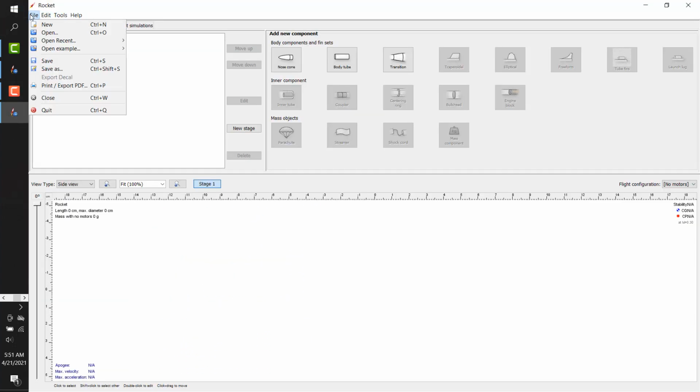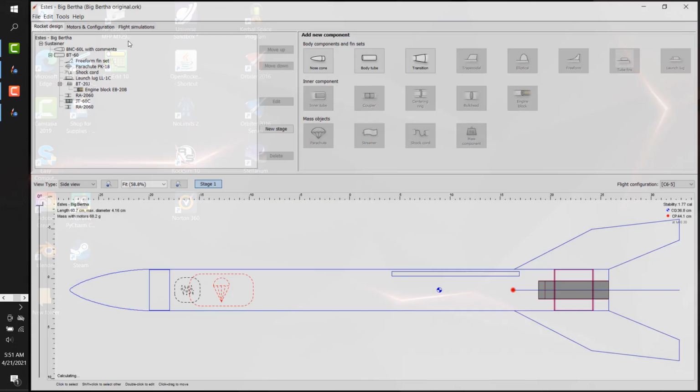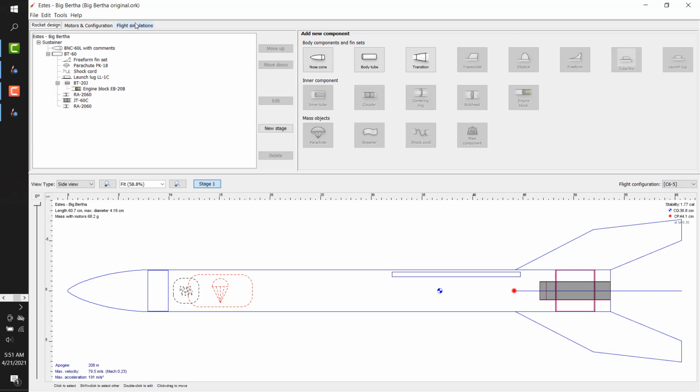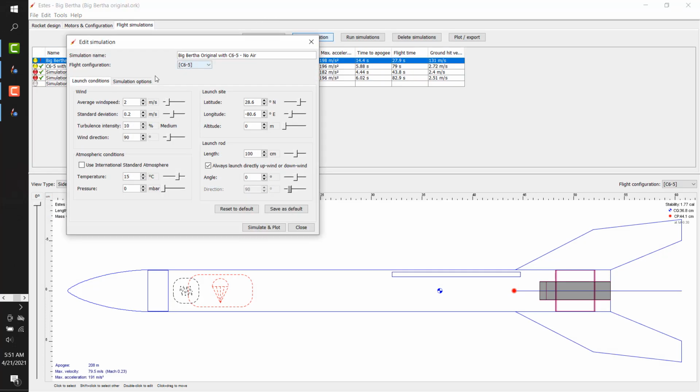So load the Big Bertha original rocket. You're going to go into flight simulations, then edit simulation. Set the average wind speed to 10 meters per second. Set the standard deviation to the maximum, 2.5. And then don't forget to check that box right there. I'm going to fly with the C6-5 motor.